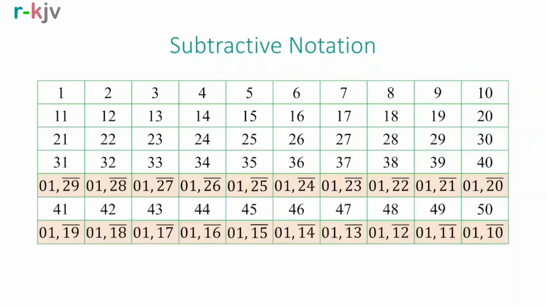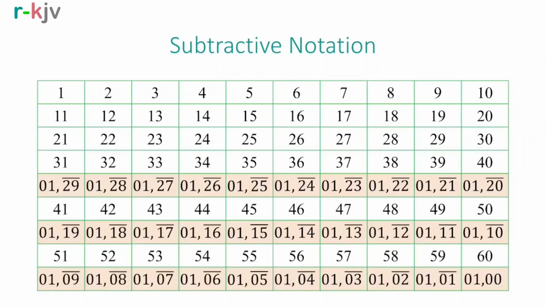Next, we have 41 to 50 written as 01, bar 19 to 01, bar 10. Lastly, we have 51 to 60 written as 01, bar 9 to 01, 00.